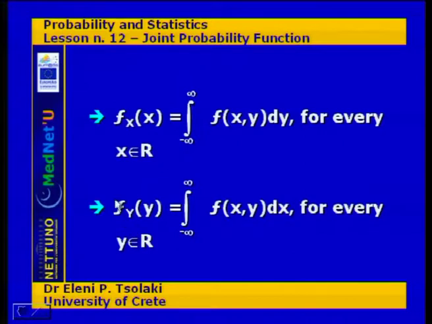And in the same way for y, we can calculate the marginal distribution function of y if we again take the integral of the joint probability function over variable x.